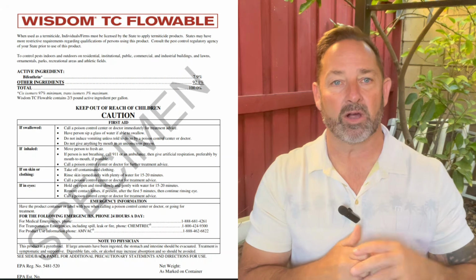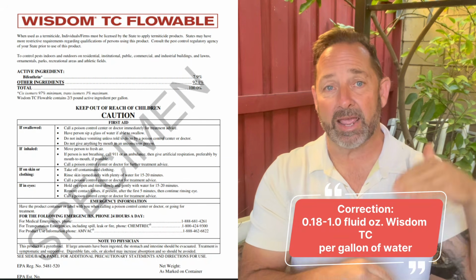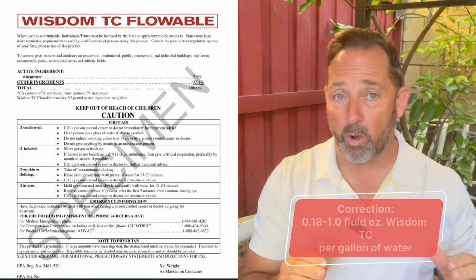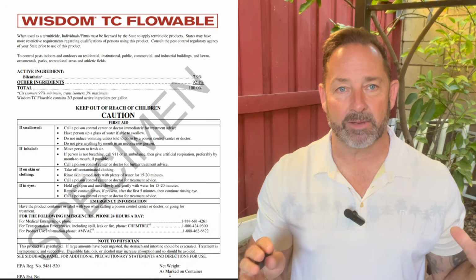It's generally on a lower mix rate per gallon of water than a lot of other products out there. So it's going to be anywhere from 0.33 fluid ounces up to an ounce per gallon of water. That's going to be your normal mix rate for most of the things we're talking about today.